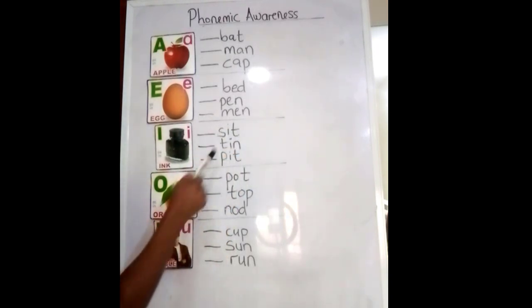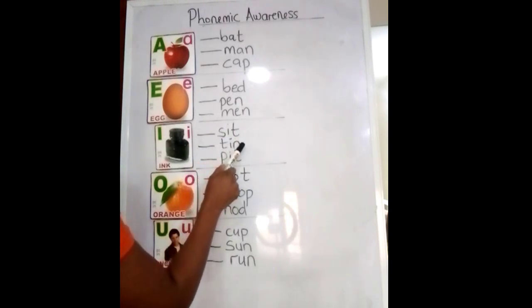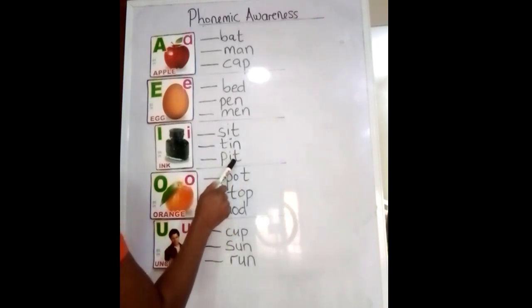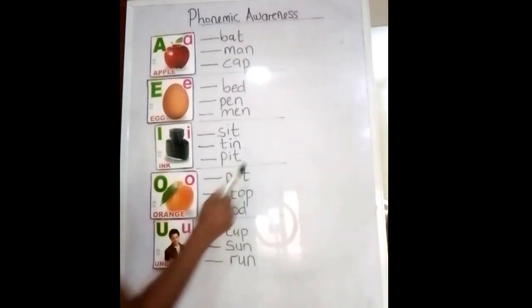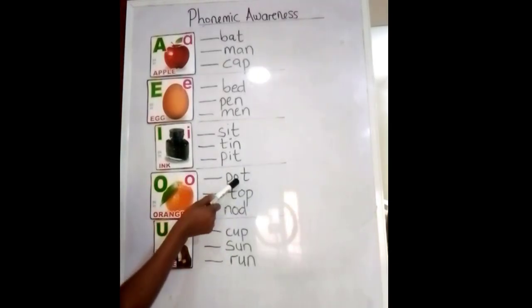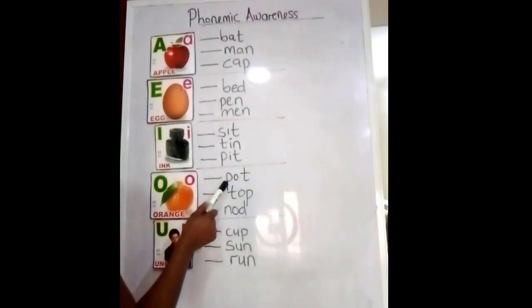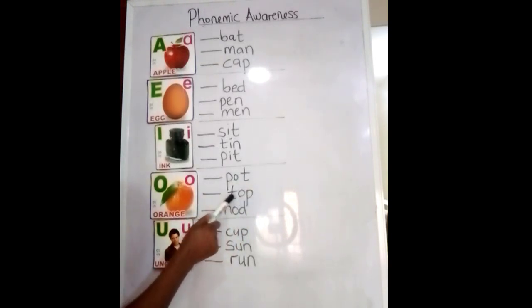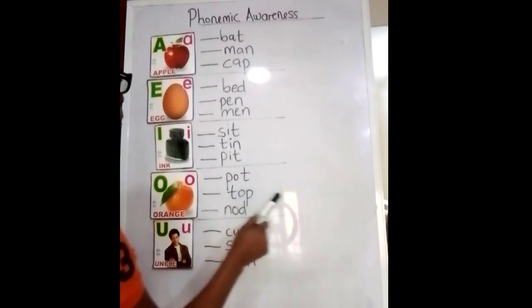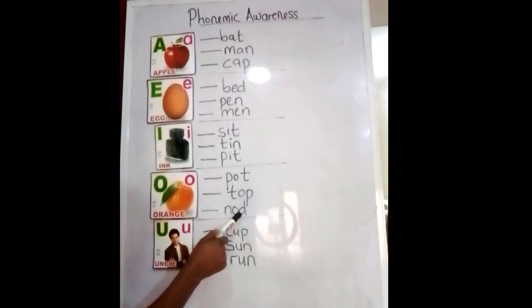So you have T, I, N, tin, P, I, T, pit, P, O, T, pot, T, O, P, top, N, O, D, nod.